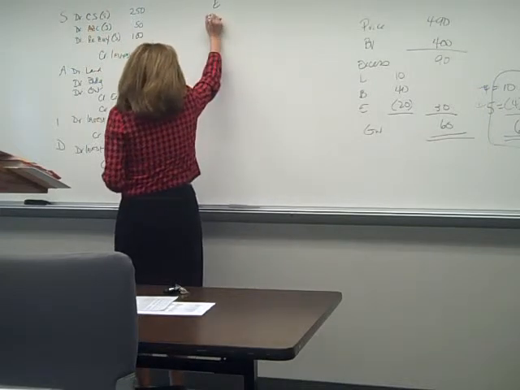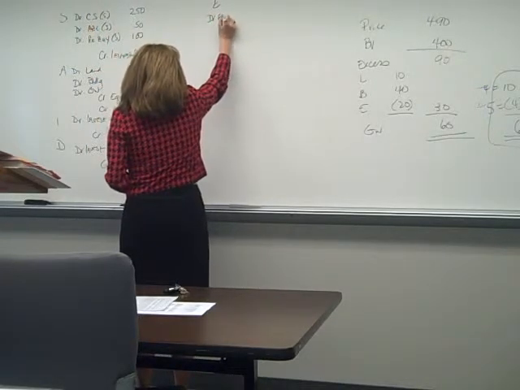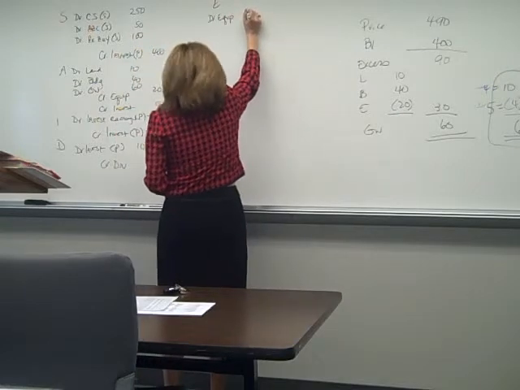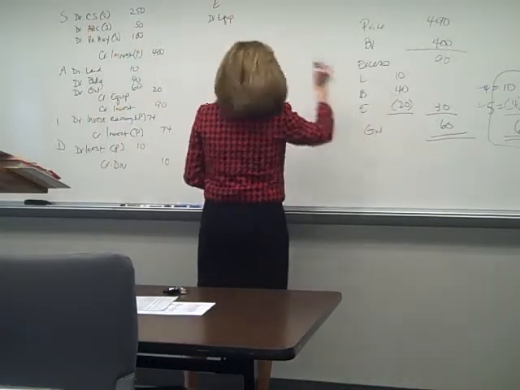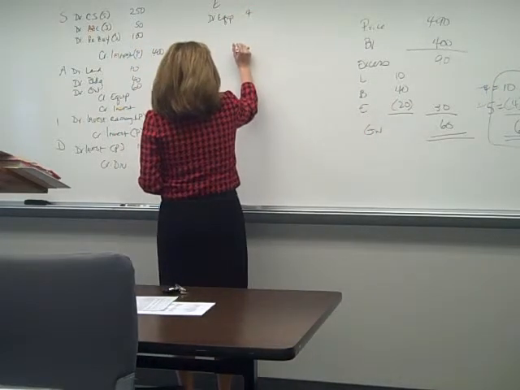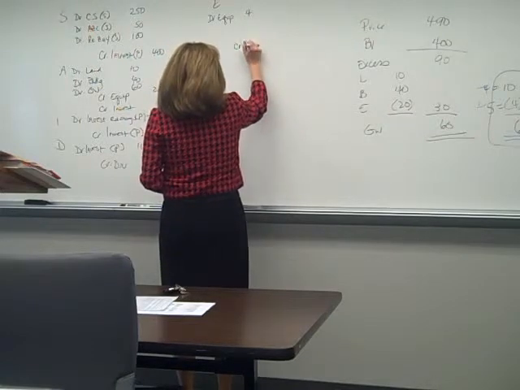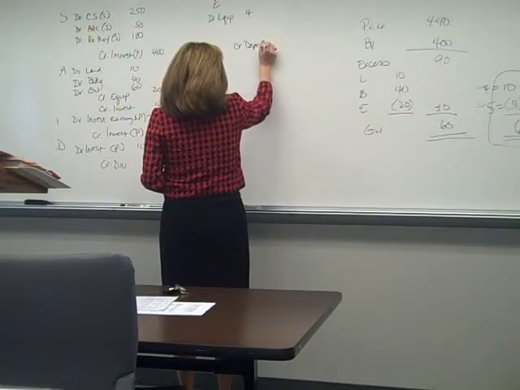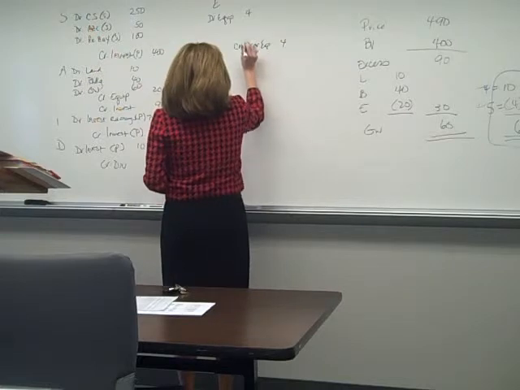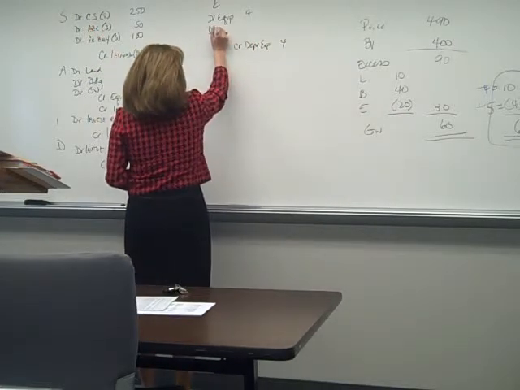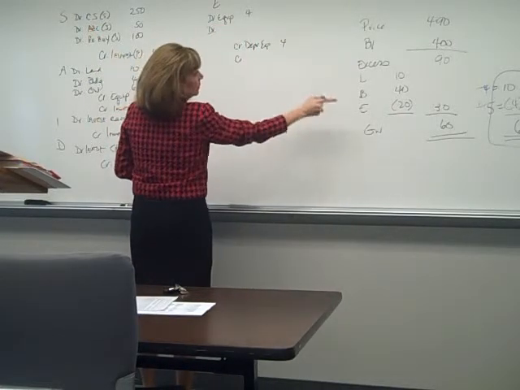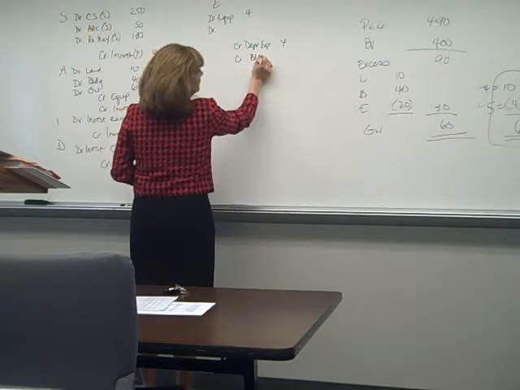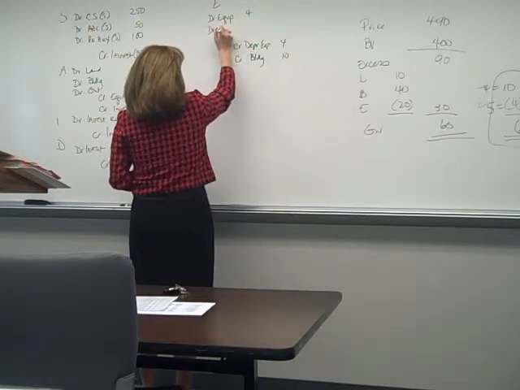So debit equipment. It's 4. I'm skipping a line. Credit depreciation expense, 4. And then credit building, 10. And debit amortization.